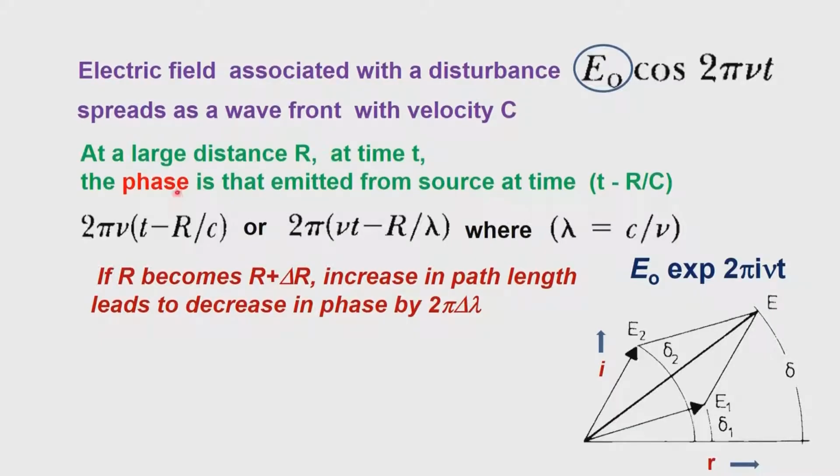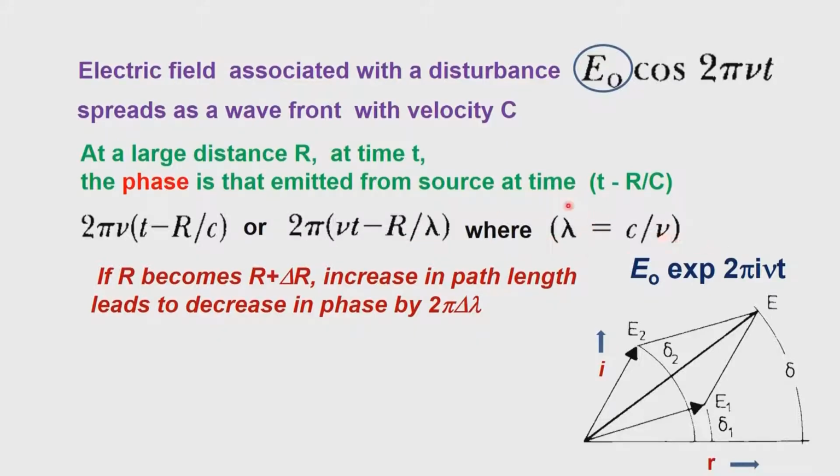It is actually the phase that was emitted from the source at a time t minus r by c, because it is travelling at a velocity c, and r is the distance at which we catch it. Whatever we measure at t is that which originated at t minus r by c, and therefore the phase will be 2 pi nu times (t minus r by c), or 2 pi nu t minus 2 pi r divided by lambda, where lambda is c by nu.